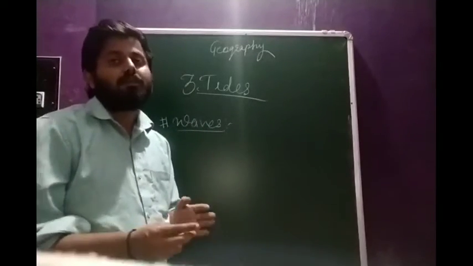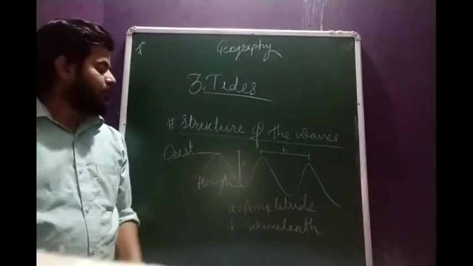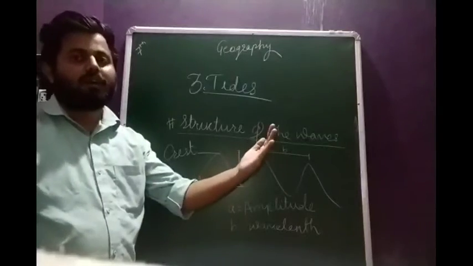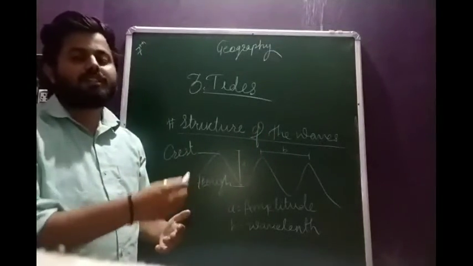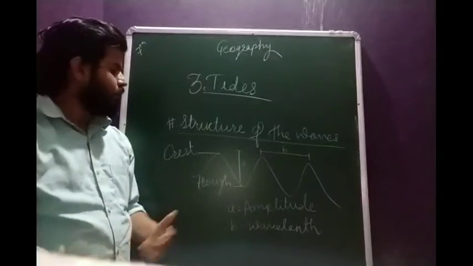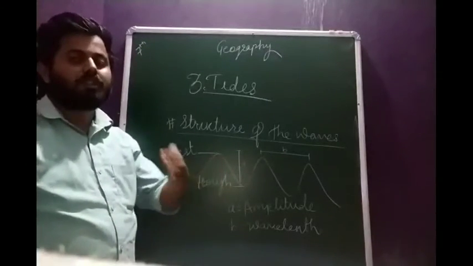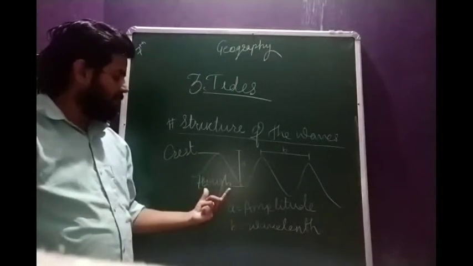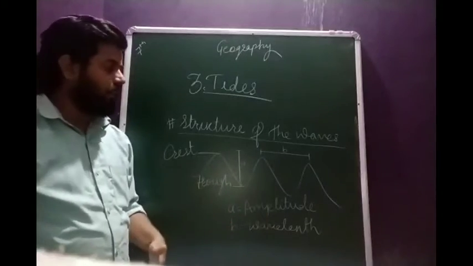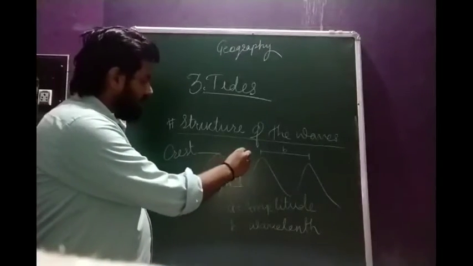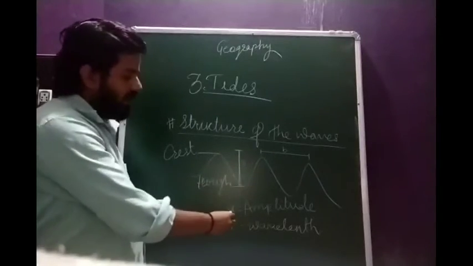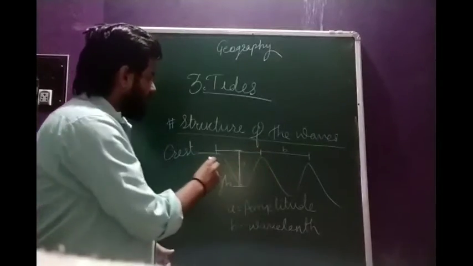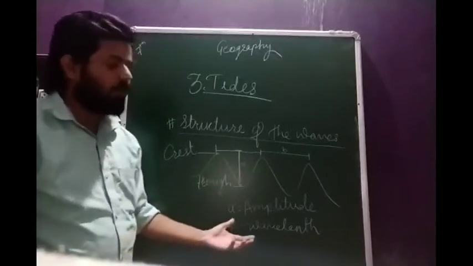So let's see the structure of waves. You can observe, or maybe you have already observed, that with the help of winds the water is pushed upward and downward. The raised region of the wave is called the crest, and the depressed region of the wave is called the trough. The distance between the crest and trough, we can say A, is called the amplitude, and the distance between two consecutive crests is called the wavelength.